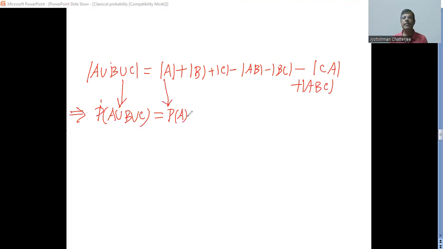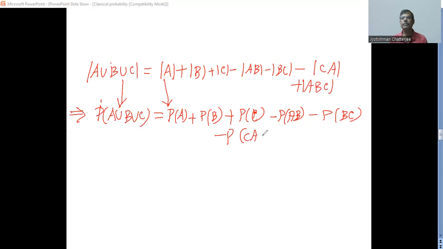This will give this term plus P of B. See? This is the inclusion-exclusion principle of probability when there are three sets. And similarly, you can write down the inclusion-exclusion principle of probability when there are 4 sets or 5 sets, etc.